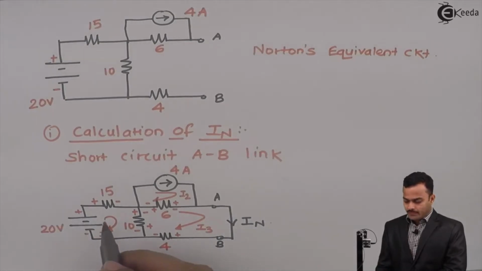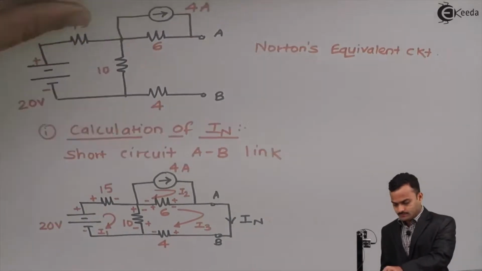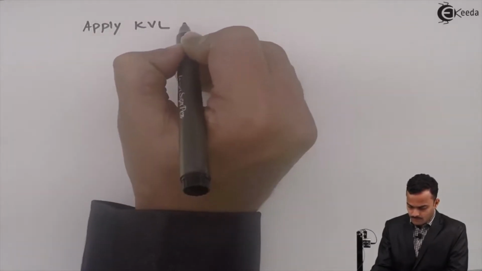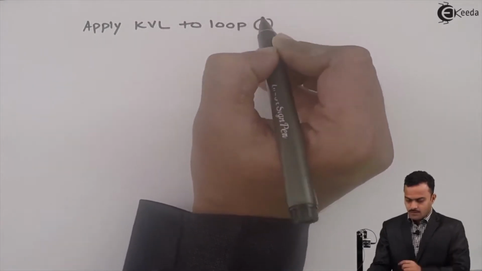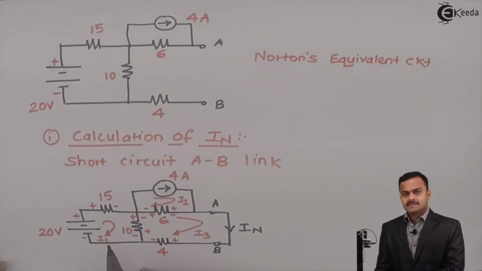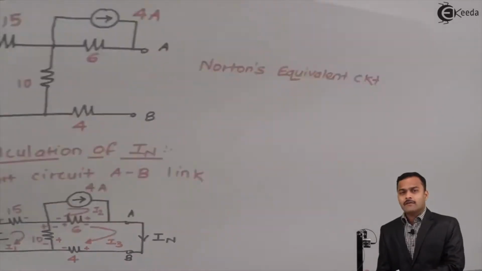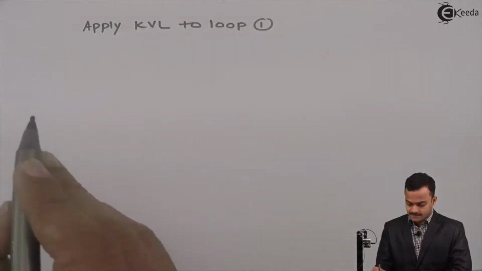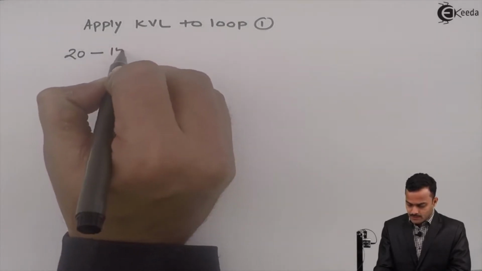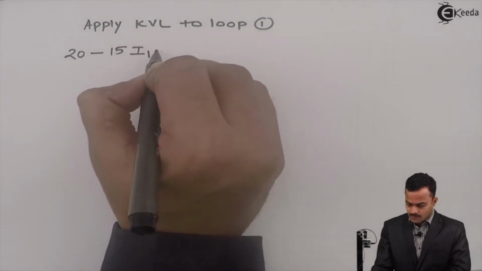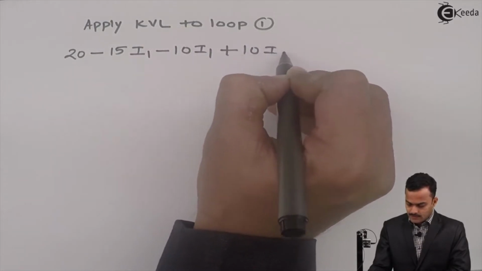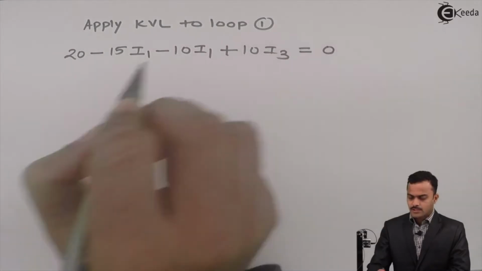So let's apply KVL to loop number 1. Loop number 1 has these three elements. If I apply KVL to loop number 1, I will get 20 minus 15I1 minus 10I1 plus 10I3 equal to 0.